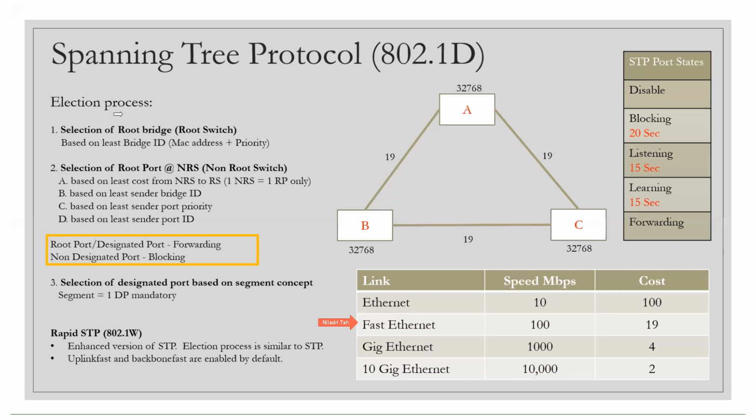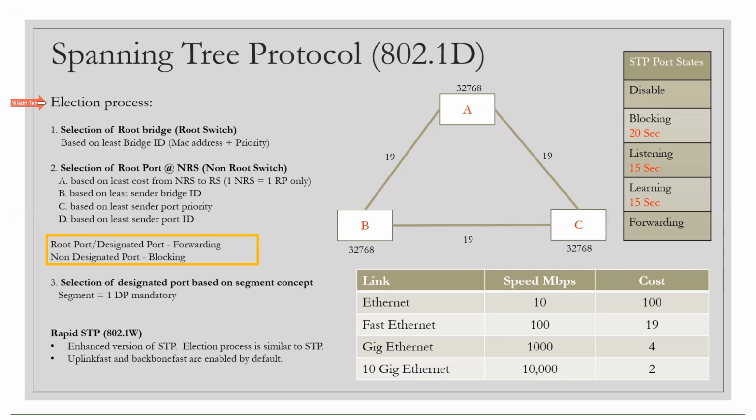Now, let's talk about a few more things. The election process. What is that? Once STP is enabled, the switches among themselves will decide on two things. Number one, the kind of switch, and number two, the kind of port. In an STP topology, we have two kinds of switches.